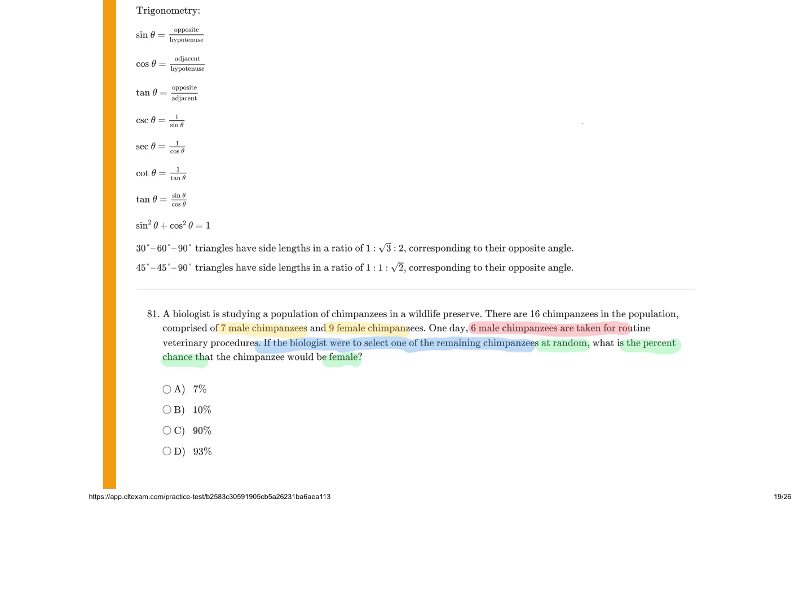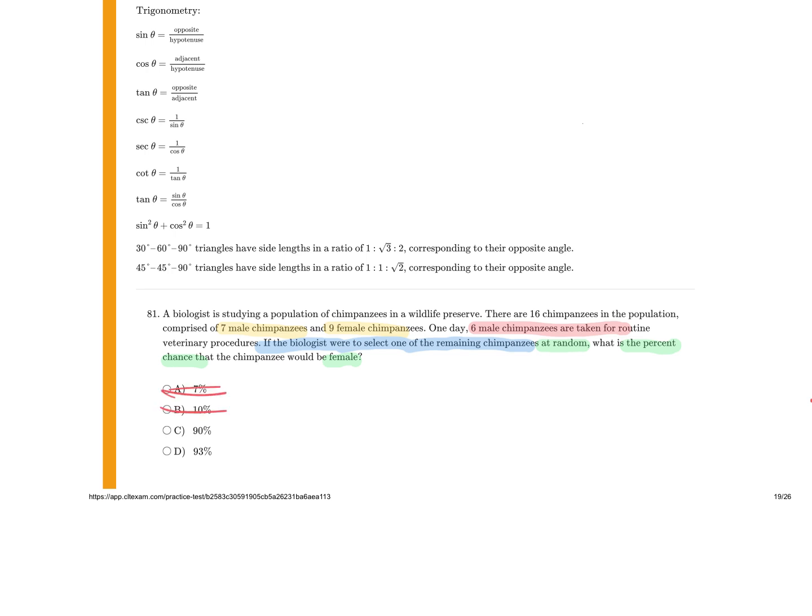Right off the bat, we can see there's more female chimpanzees than male chimpanzees. And on top of that, 6 of the male chimpanzees are removed from the pack. So the chances of selecting a female chimpanzee are greater simply because there's more female chimpanzees. Just based off of that logic, we can eliminate 7% and 10% because those are low percentages and there's more females than males.